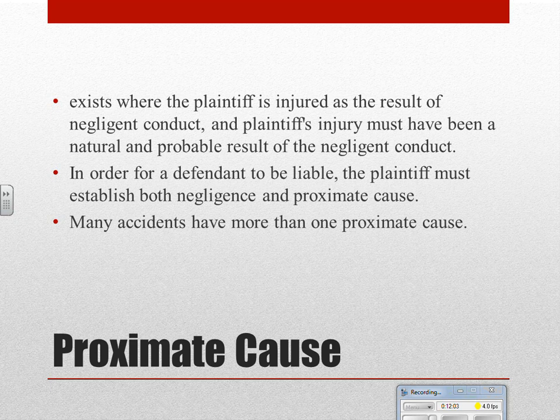Okay, so the plaintiff is injured as a result of the negligent conduct, and the plaintiff's injury must have been a natural and probable result of the negligent conduct. Okay, we have to be able to make some kind of connection. Okay, in order for the defendant to be liable, the plaintiff must establish that there was negligence, okay, and there was proximate cause.